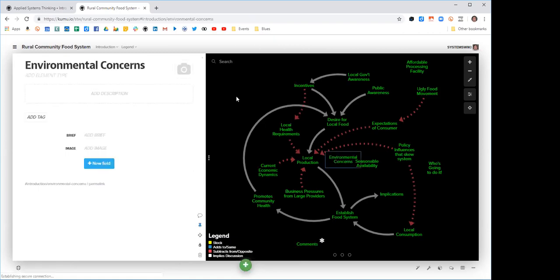So I agree that the current food system has multi-dimensional problems, but just saying we need to move to a local food system might not solve all your problems.